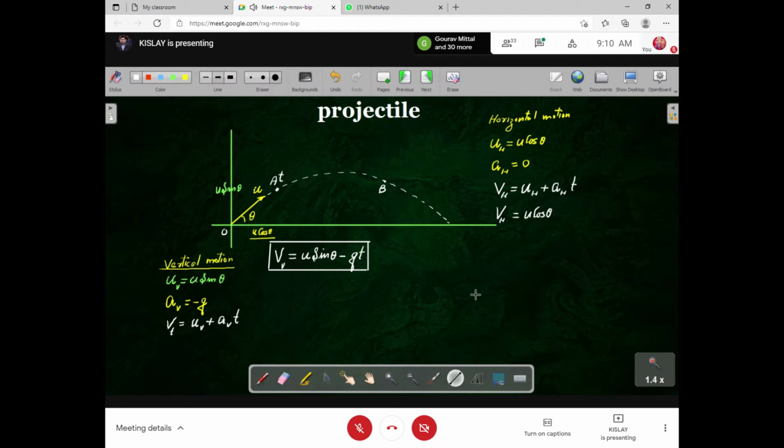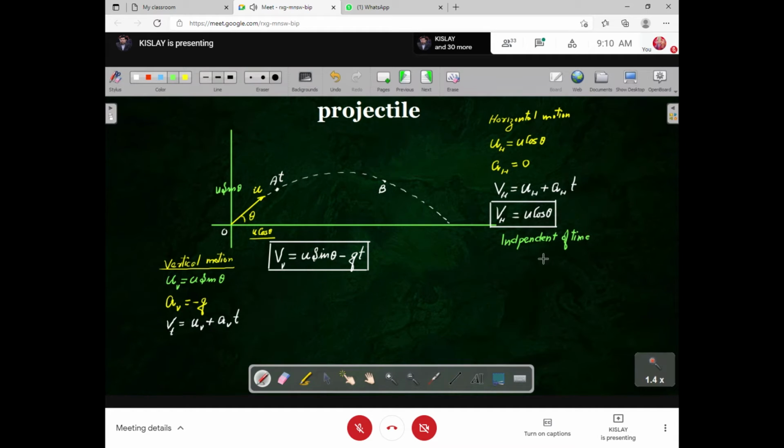This is the V horizontal, the velocity in the horizontal direction at time T, which is independent of time.